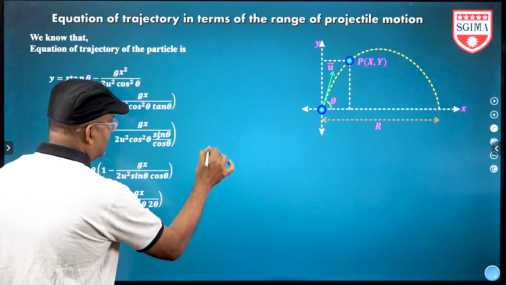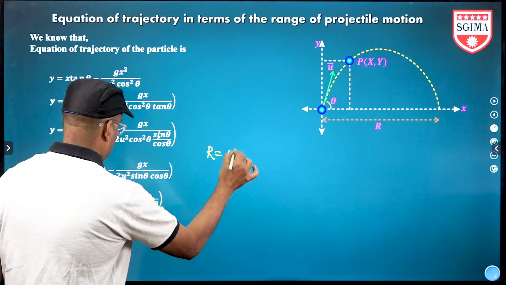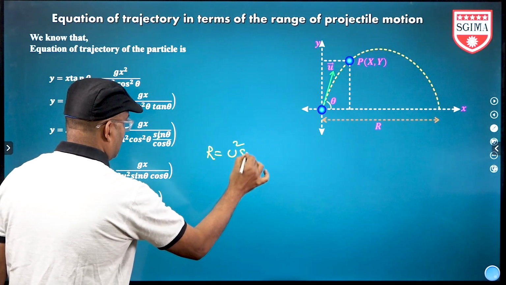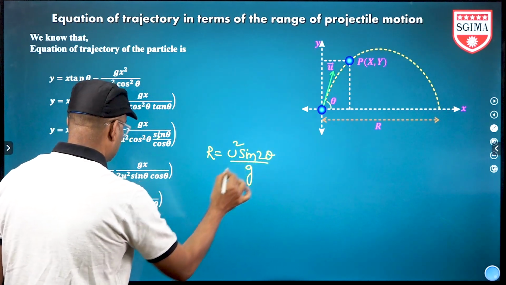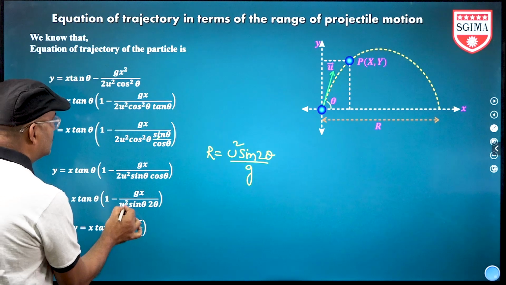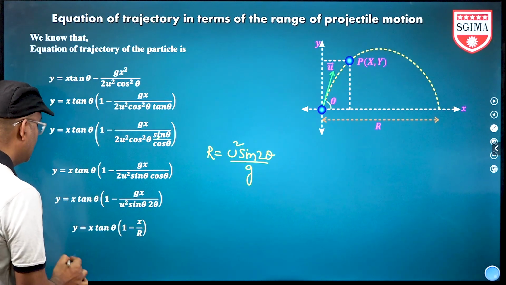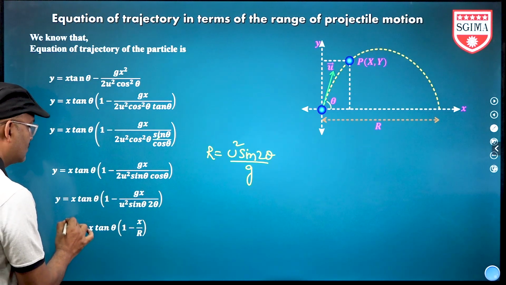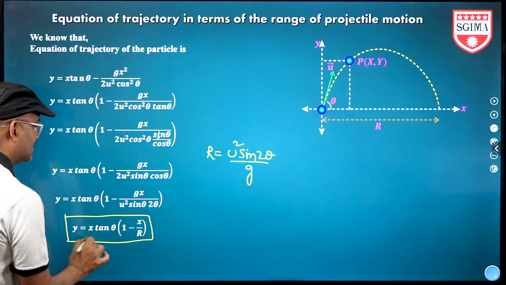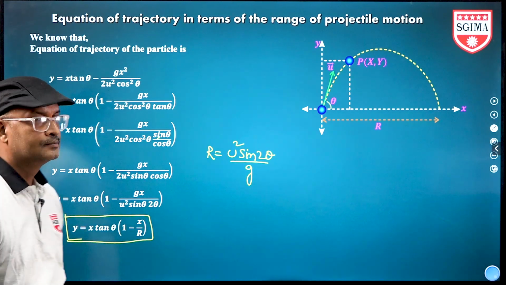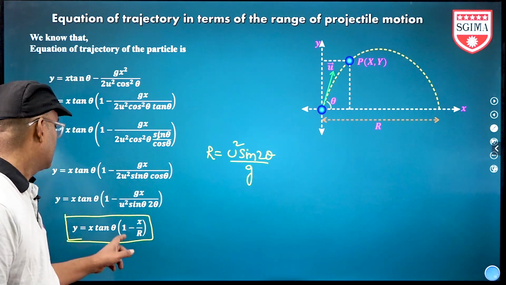But we know that range is equal to u square sin 2 theta by g. I am substituting this u square sin 2 theta by g here. I got y is equal to x tan theta into 1 minus x by R. This is the formula.